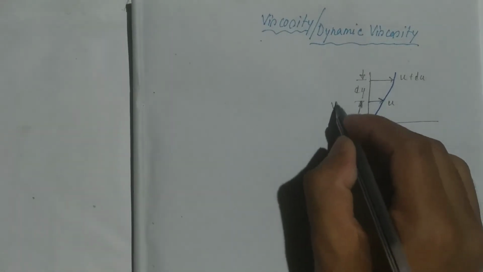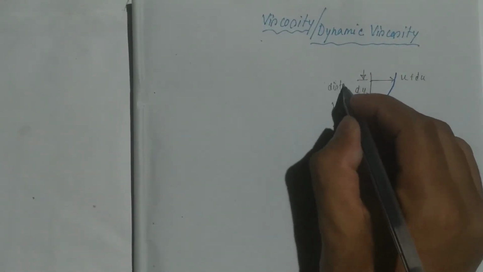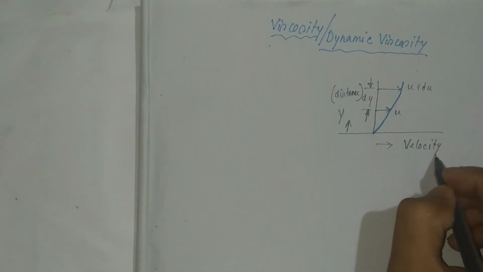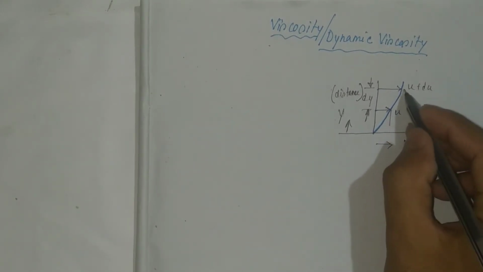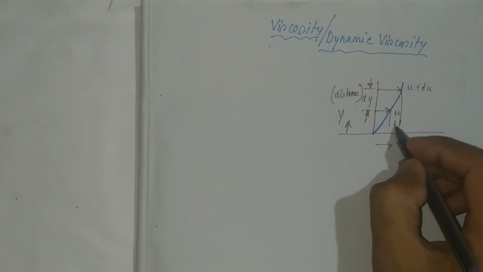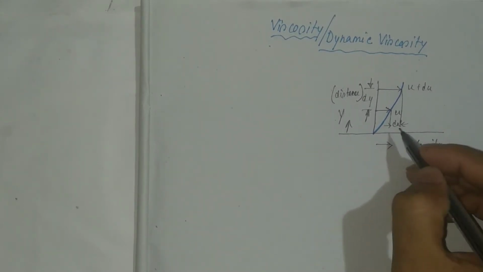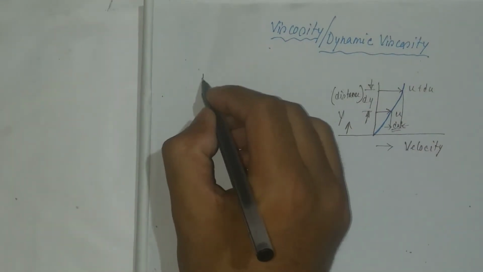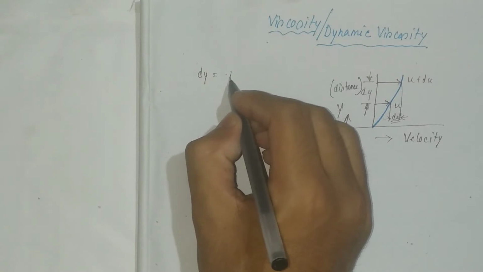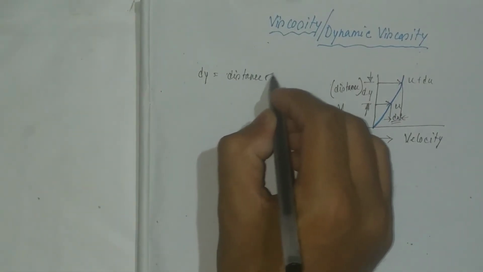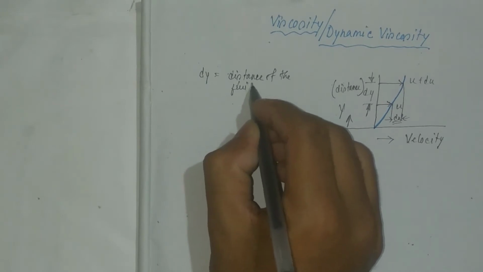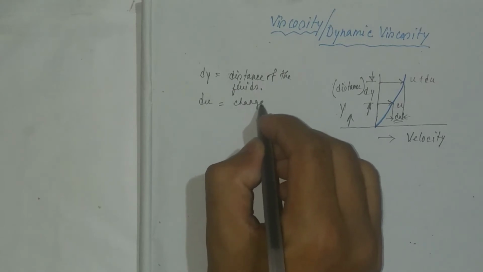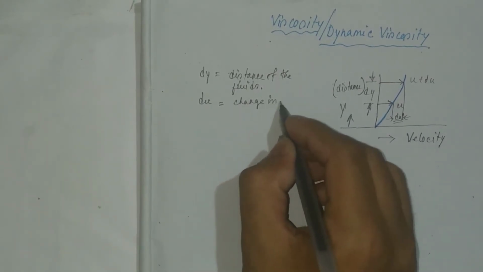This is the y-axis, it shows the distance, and this is velocity. Let the velocity difference be du. This is the velocity difference of these two fluids. So dy is the distance between the fluids and du is the change in velocity, or the velocity difference, of the fluids.